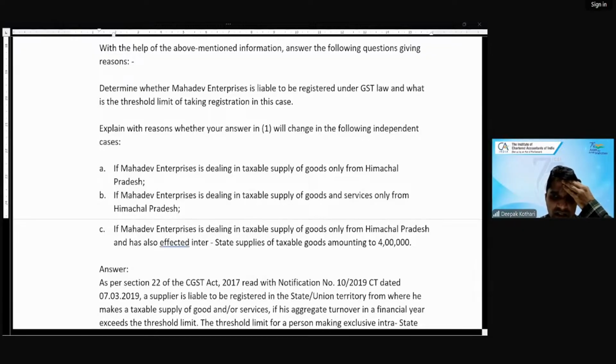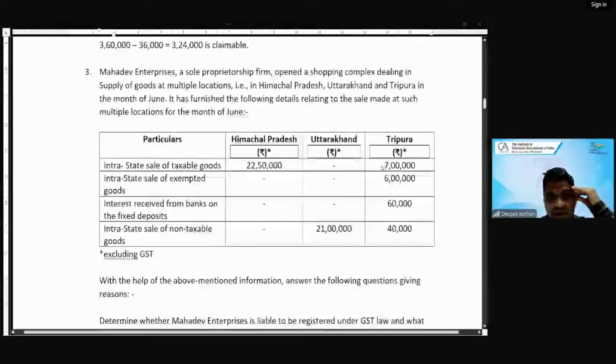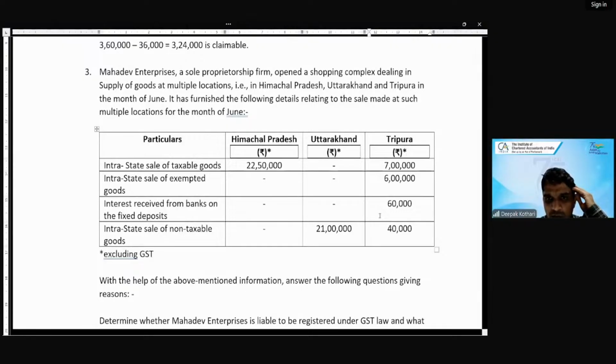So there it is written taxable supply of goods from HP that could be assumed in answer that from Tripura is making exempt supply. They mentioned no intra-state supply of taxable exempted. They mentioned there's no assumption which is required. Yes, Ishan, you've given the correct answer.